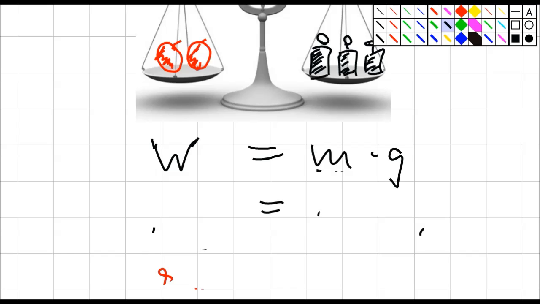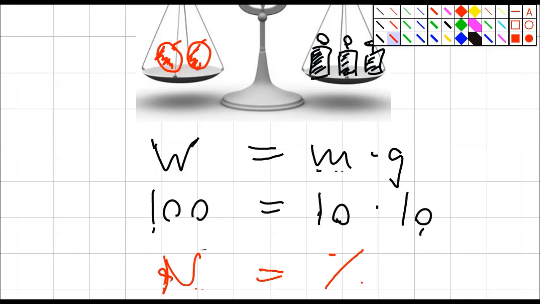Now by the numbers you say 10 times 10, and we have 100 here. Now by the units of measurement you give me 100 Newton here and nothing here. So that's not equal, cannot use. So you're really forced to carry along units of measurement.